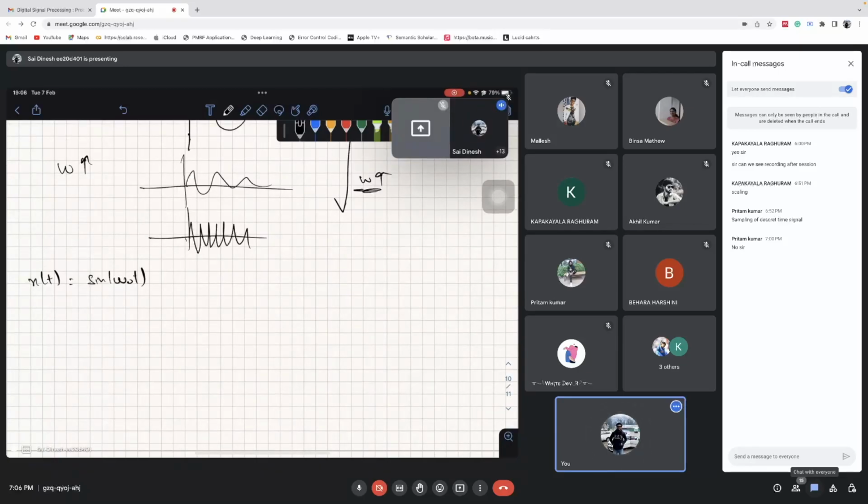Then x of t plus capital T is equal to sine of omega naught t plus omega naught capital T. If this is a multiple of 2 pi k, then it is equal to sine omega naught t.